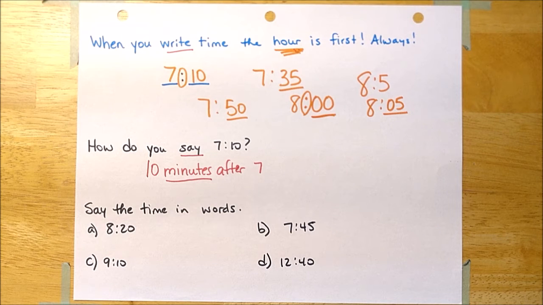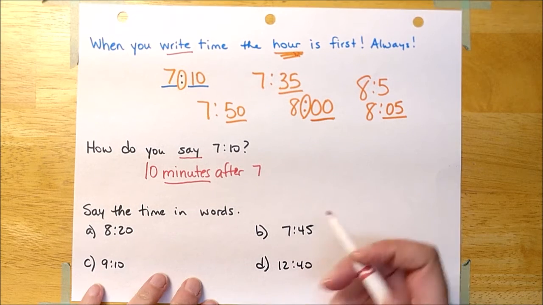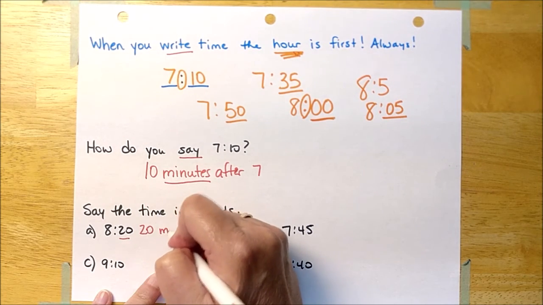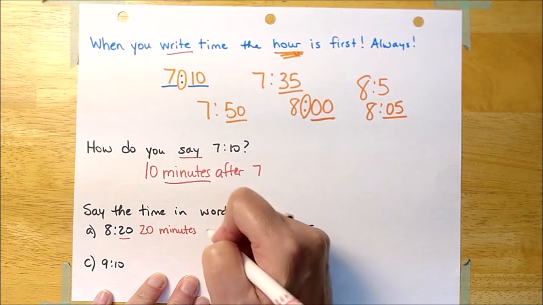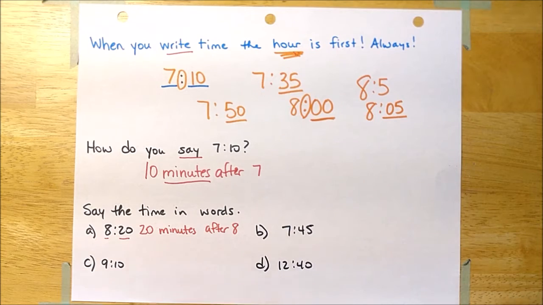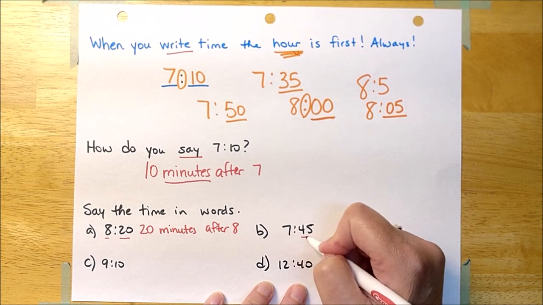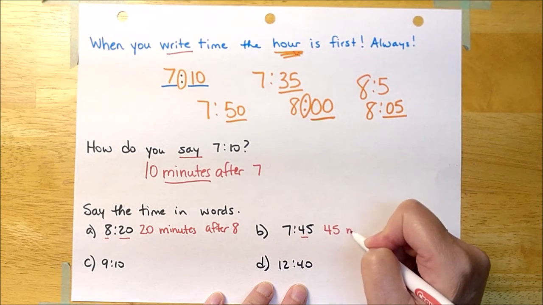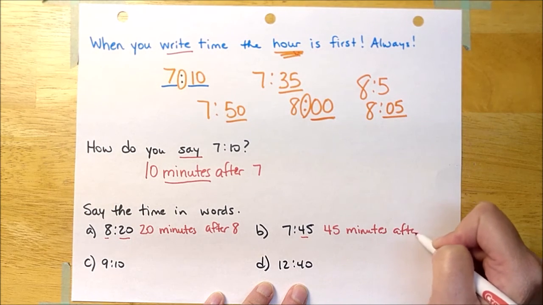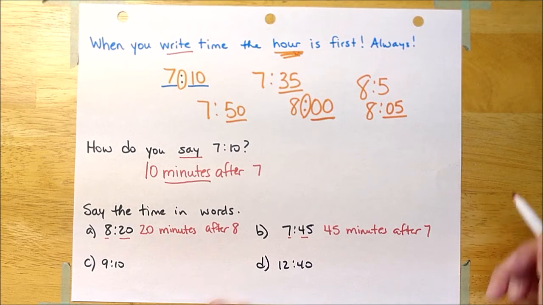Okay. So you're back. Awesome. So this one, I'd have to say the minutes first. So it's 20 minutes after my hour, 8. I hope you got that. Here my minutes is 45 minutes after 7 o'clock.